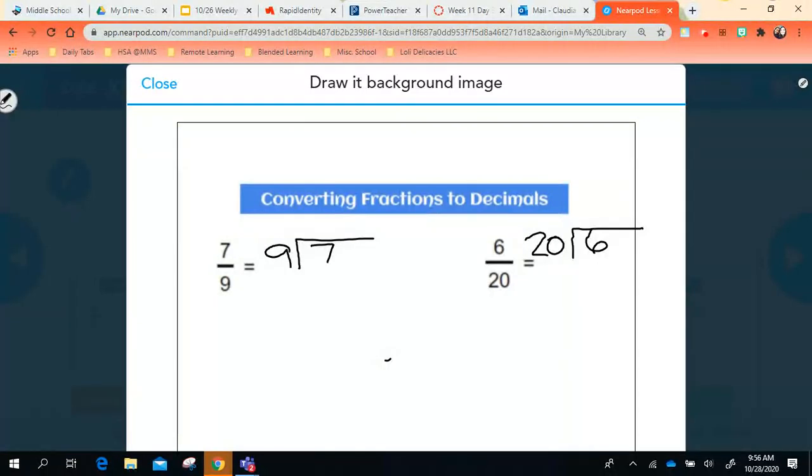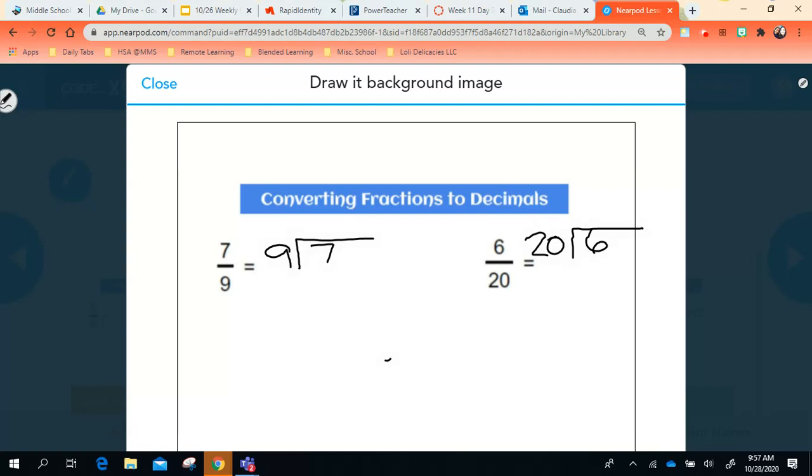Does it make sense? Every time I subtract, I have a 0 and then I make 7, and I can do 7 over and over again. That's why this 7 is going to continue, so I don't need to do it twice.